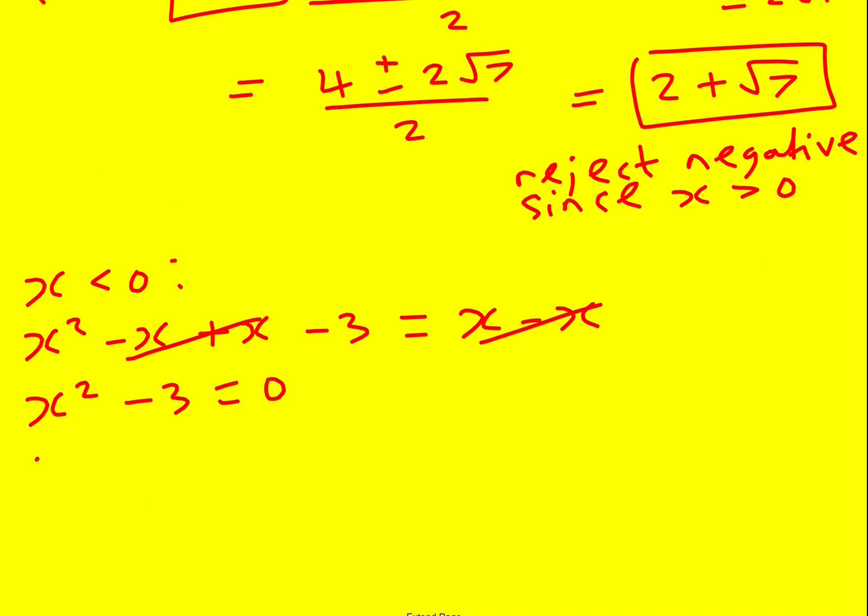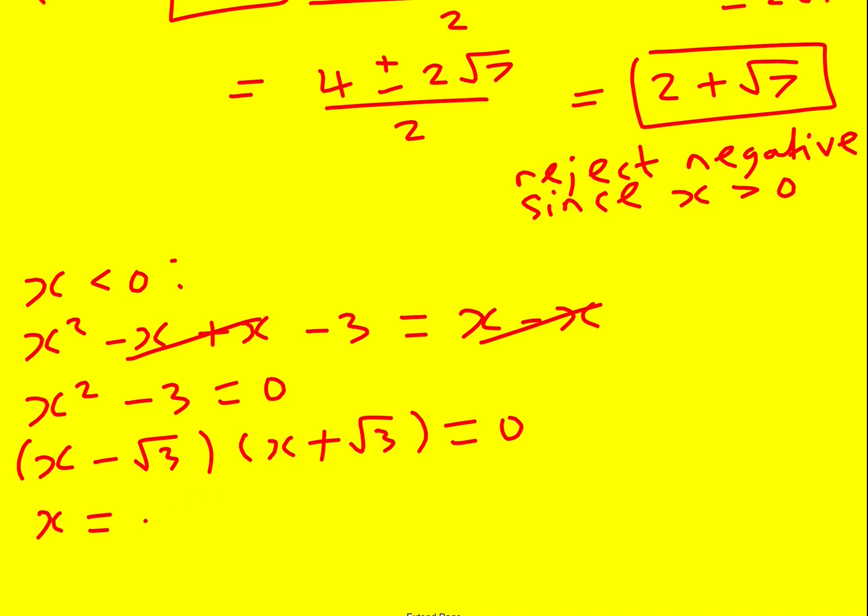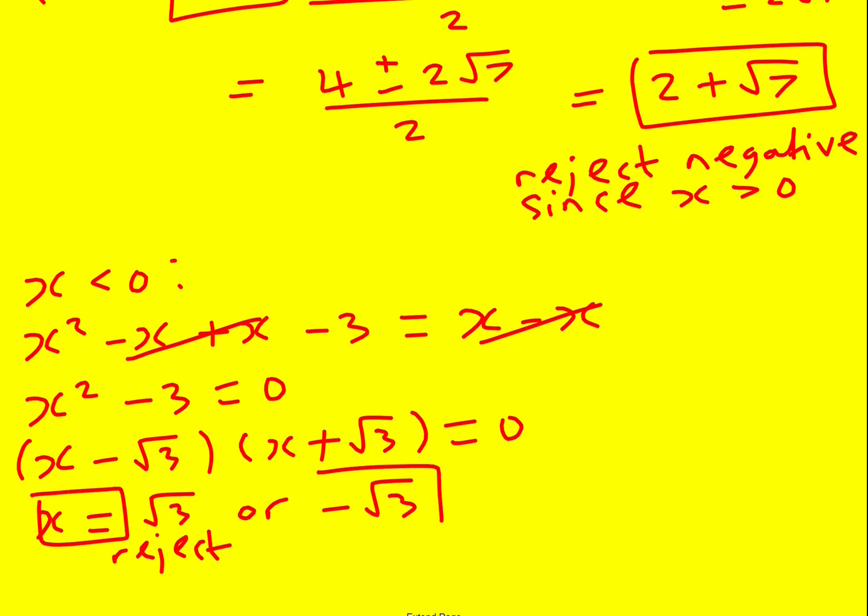You could add the 3 and then take the square root, or we could just factorize like we did when we sketched it. Okay, and we'll get x is equal to root 3 or minus root 3. And this time we're going to reject that one. So two solutions to this. Don't need to draw a graph, just deal with it carefully. Well done.